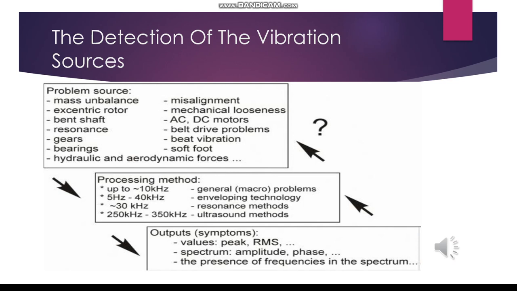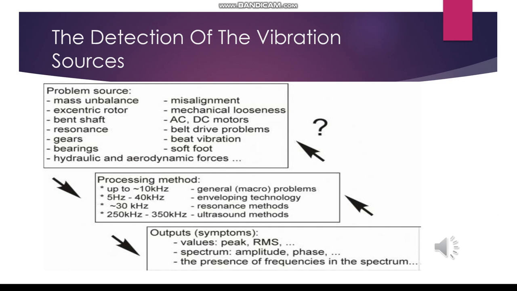So the figure below shows the problems solved, which are mass unbalance, electric rotor, crankshaft, resonance, bearing, gear, hydraulic and aerodynamic forces. The processing method shows that up to 10 kHz it is a general macro problem.